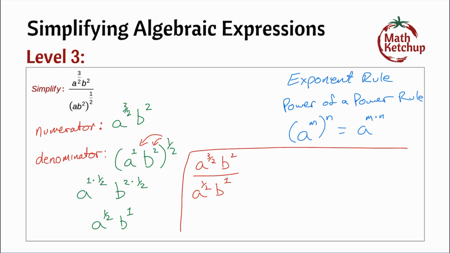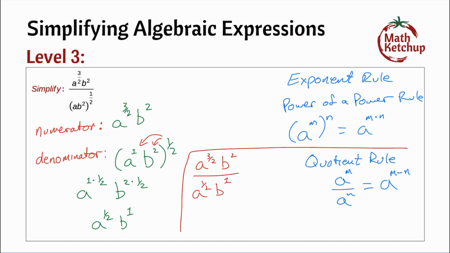Now we are dividing powers of the same base. Well, just like the product rule, we also have a quotient rule. And the quotient rule says that if you're dividing powers with the same base, such as a to the power of m over a to the power of n, we can simply keep the same base and subtract the exponents.